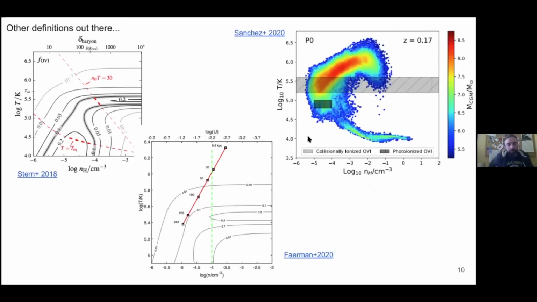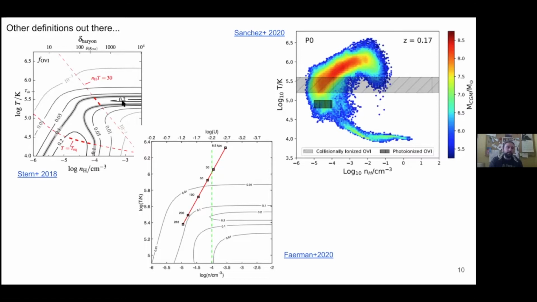So a few people have tried to do this definition in the last few years. These are all kind of doing different things with it, so they're not getting at the same problem in the same way. But in Stern 2018, they defined it this way. They said, okay, let's not try and figure out the characteristics of all of the gas in all the 2D space. Let's just say there are two possible scenarios and see which one's better.